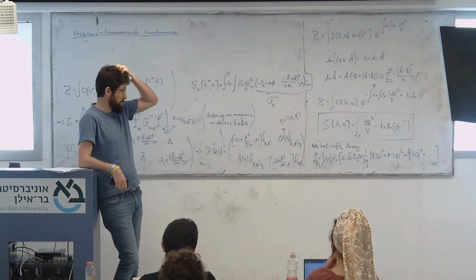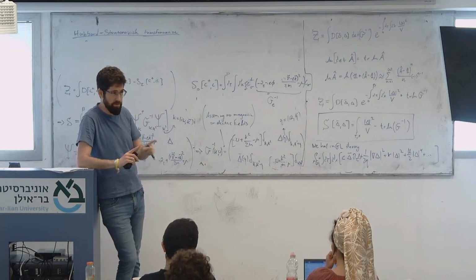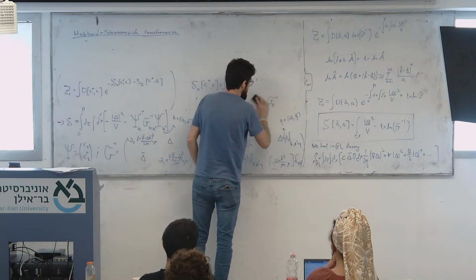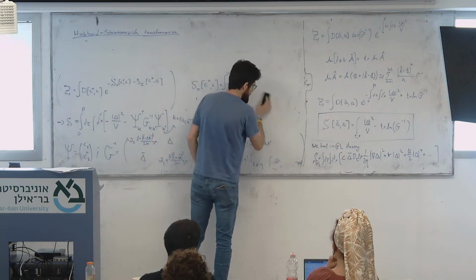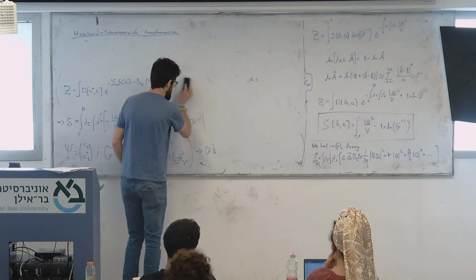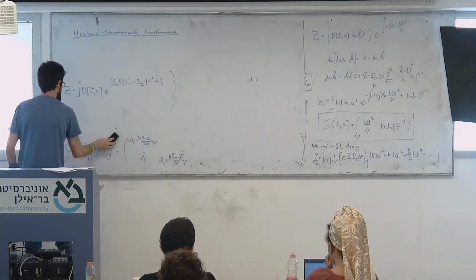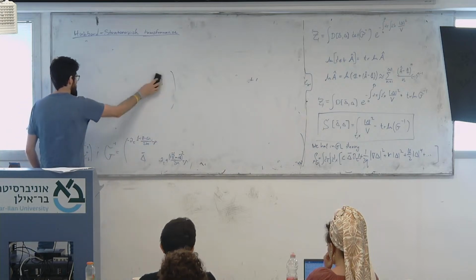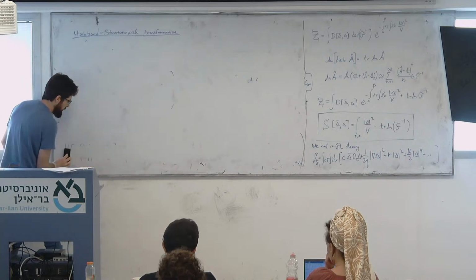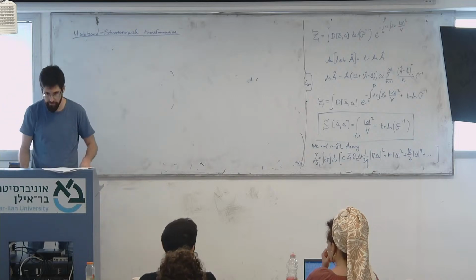But one needs to be careful not to associate it exactly with the mean field order parameter, because it's not the same thing. It's actually a conjugate. But nonetheless, it's just a mathematical trick. We can do it, so we do it. And it's useful for us in a way that I'll show you in a moment.